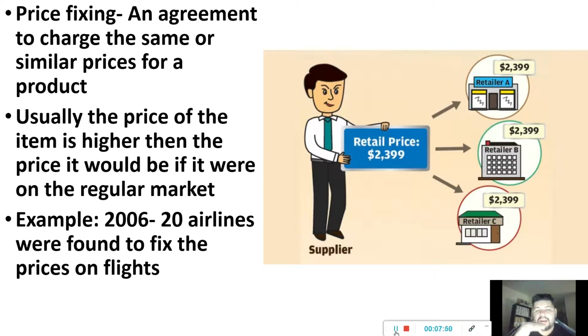I sell at the high price. I would have a meeting with you and say, you know what? Let's all put it the same. Let's put ours at the same price as mine.